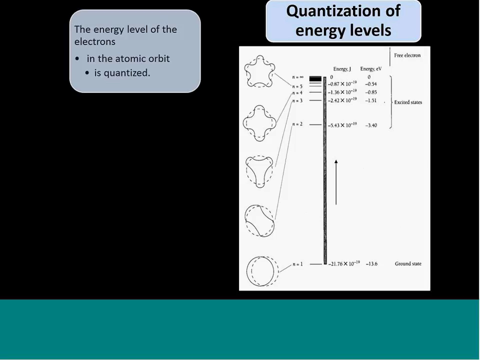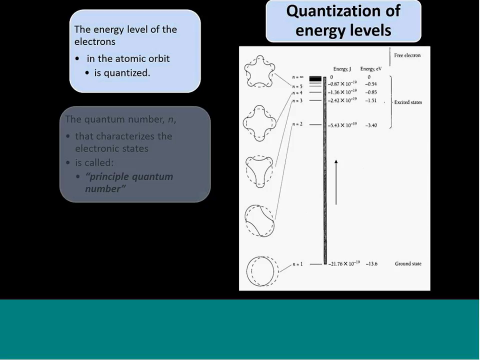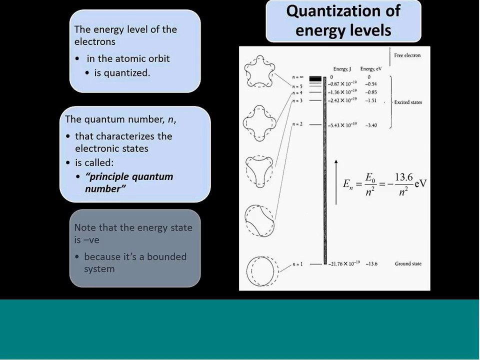For energy level of the electron in the orbit is consistent, atom number that characterize the electronic state is called principal quantum number. So here note the energy state is negative because it's bounded the system.